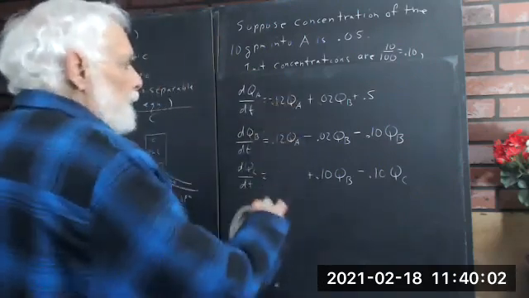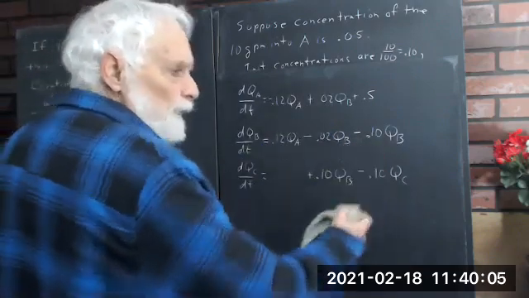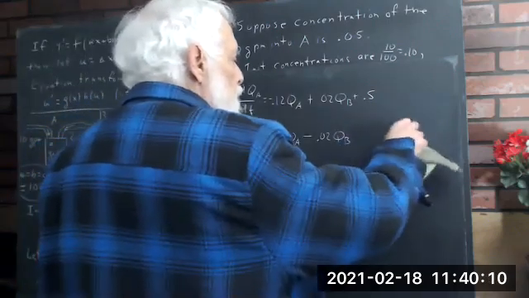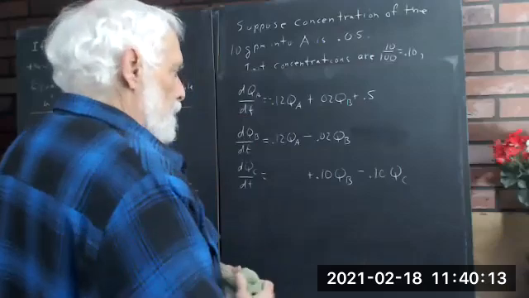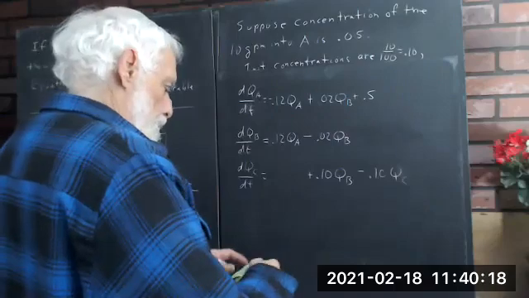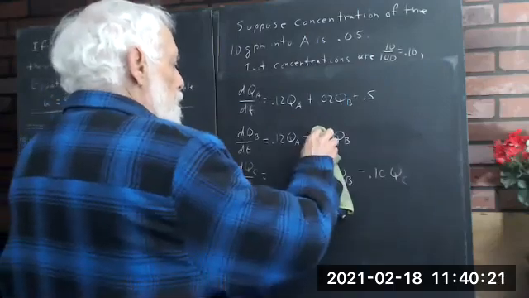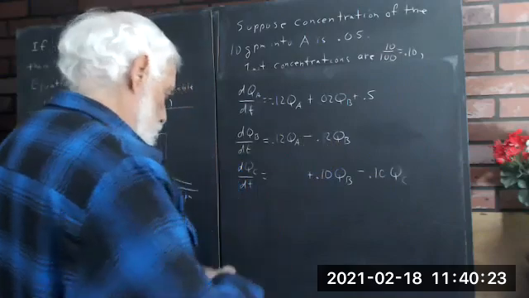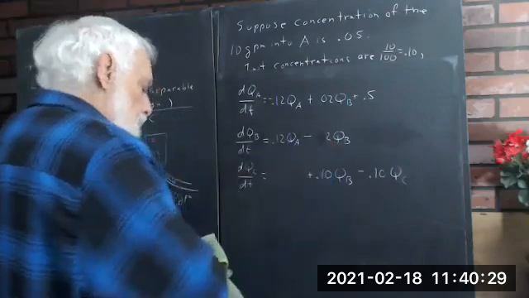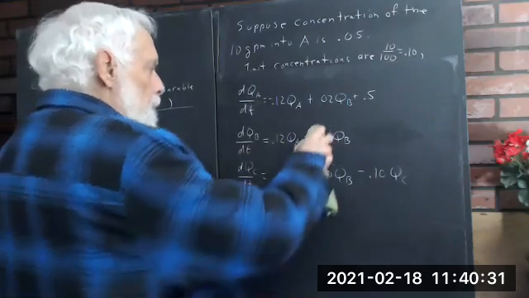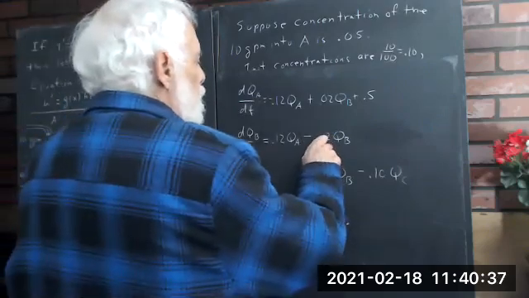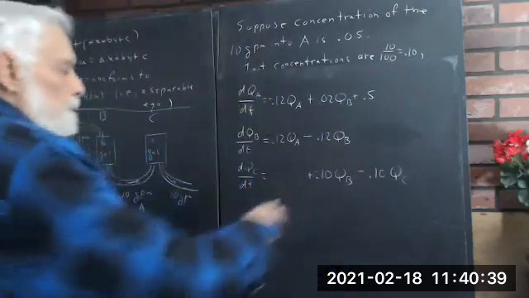Because we've got QAs here, we got QBs here, we got a QB and a QC here, and we can just get rid of that minus 0.10 QB and combine it with the minus 0.02 QB to get minus 0.12 QB. And there we have it.